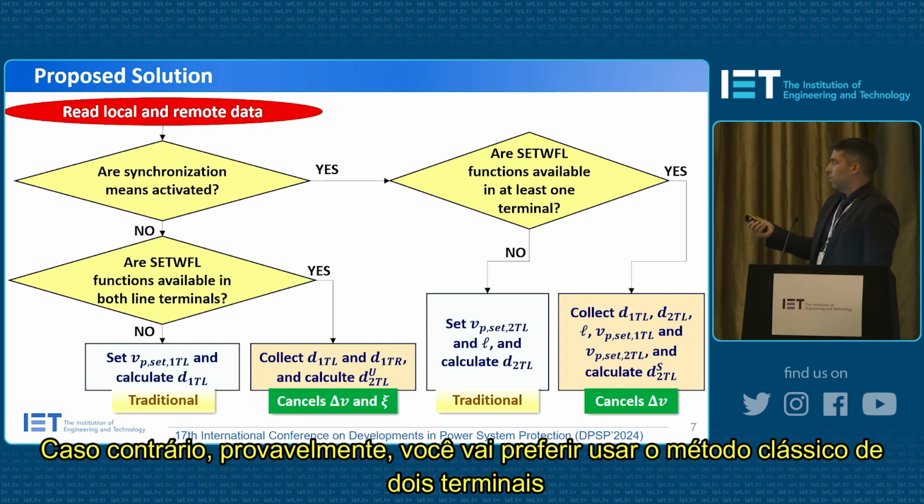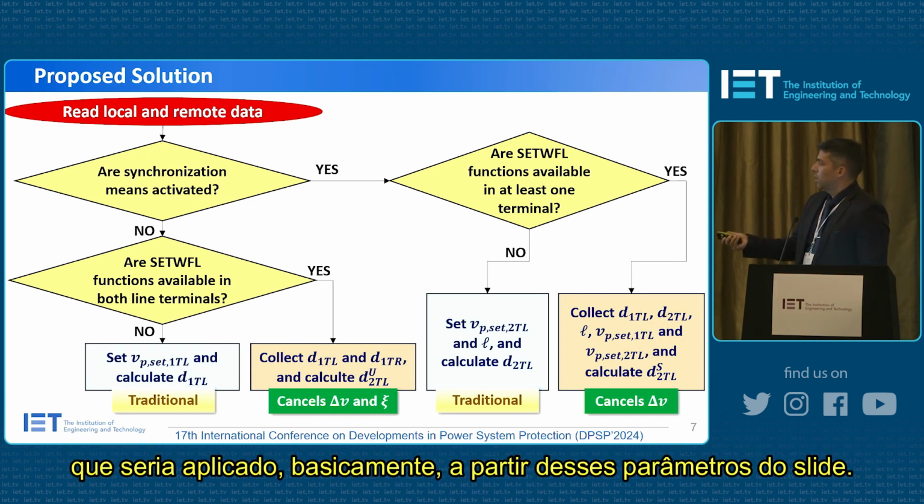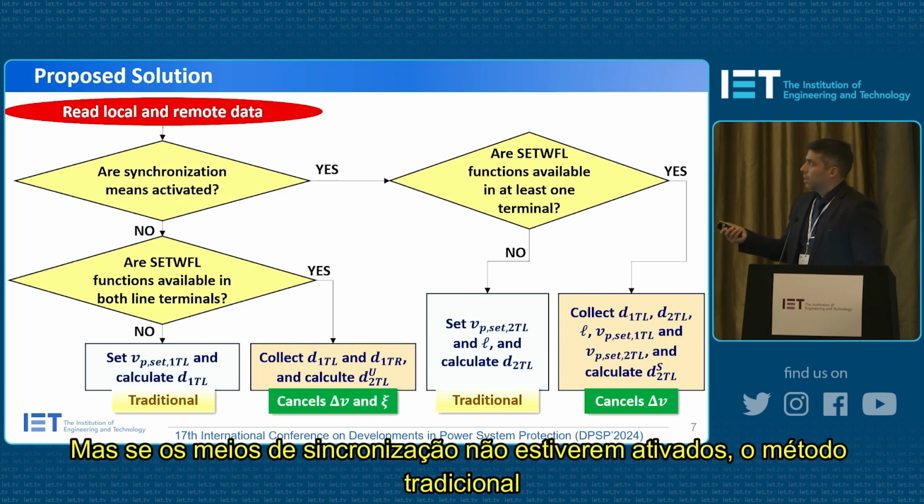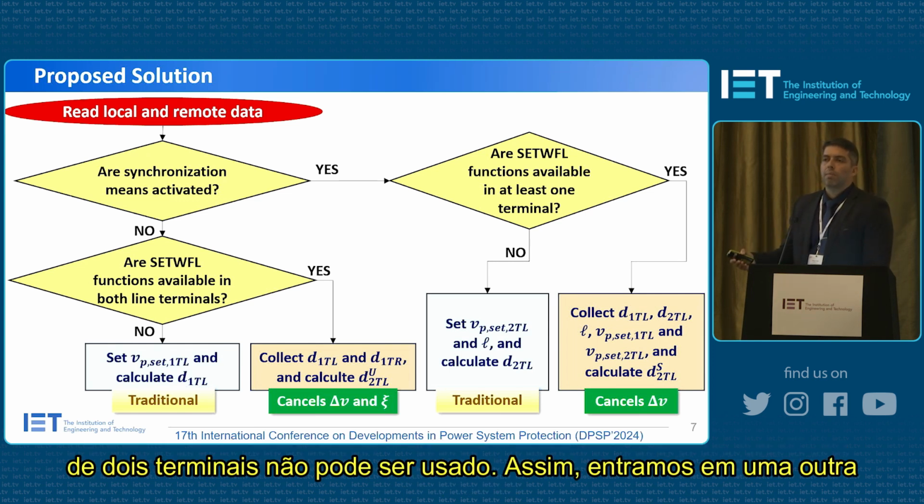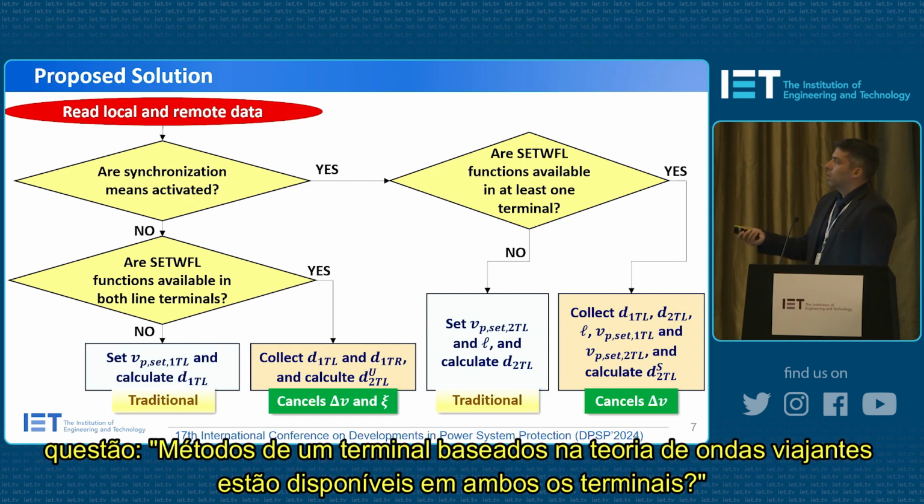Otherwise, you would probably prefer to use the traditional two-terminal method, which would be applied using these parameters. But if the synchronization means are not activated, the traditional two-terminal method cannot be used. So we enter another question: are single-ended traveling wave fault location methods available at both line ends?